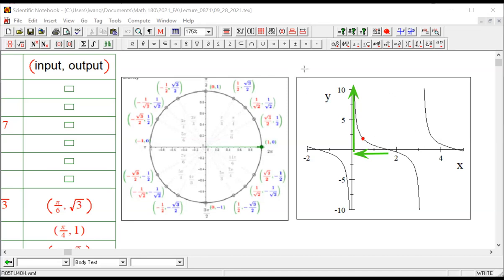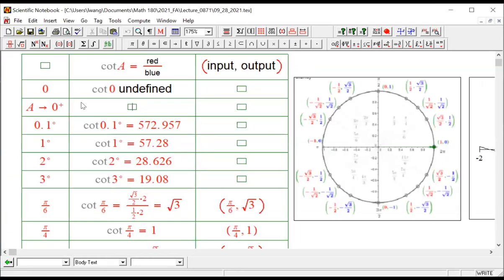So how do we describe this dynamic process? As the angle approaches zero, as close as possible, the cotangent of the angle is going to approach positive infinity. That's the description. When this happens, cotangent A approaches positive infinity.